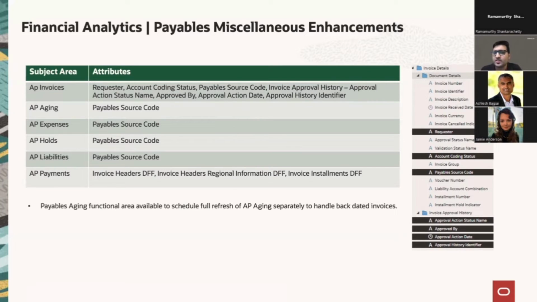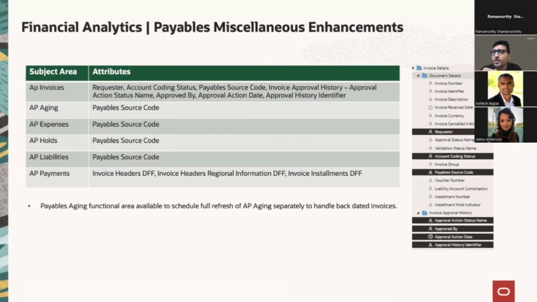So this essentially helps you get the analysis of approval cycle time related to your AP invoices. Again, this functionality has been requested by multiple customers.